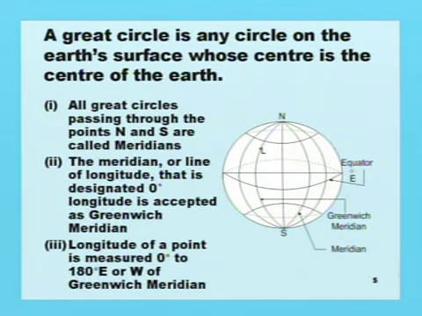You can look at the picture on your right, and you see there are several lines of longitude, each passing through the North Pole and the South Pole.